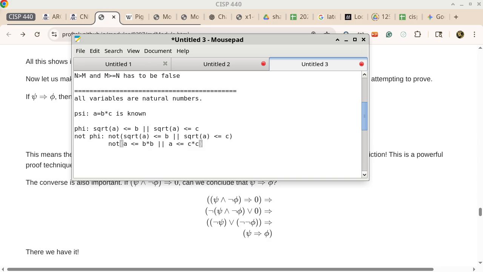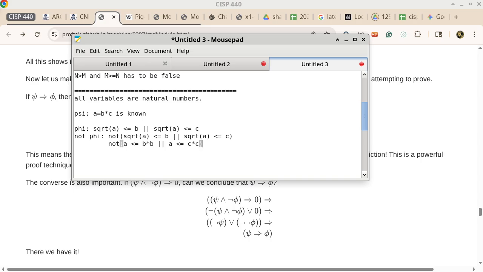I'm checking your algebra again, because we know a, b, and c are all non-negative numbers, right? So that means if the square root of a is less than or equal to b, and I square both sides of the inequality, it should still hold. That's basically what I'm saying. Are we good? All right.